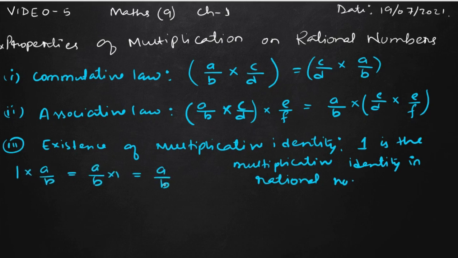Okay. So next, the final property is our existence of multiplicative inverse.